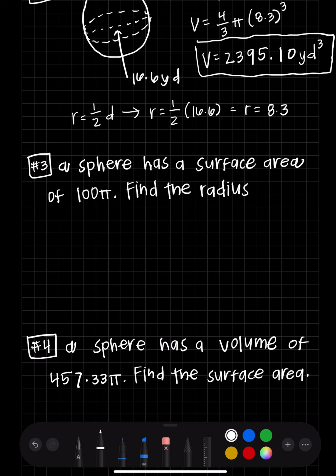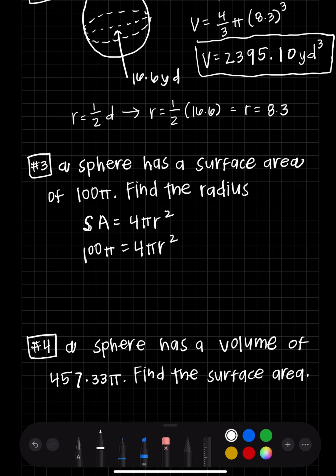So because I know that the surface area is 100 pi, I'm going to start with the surface area formula. Surface area we know is 4 pi r squared. But it tells me that the surface area is 100 pi. So I'm going to replace the surface area in my formula with 100 pi. So I'm going to say 100 pi has to be equal to 4 pi r squared.